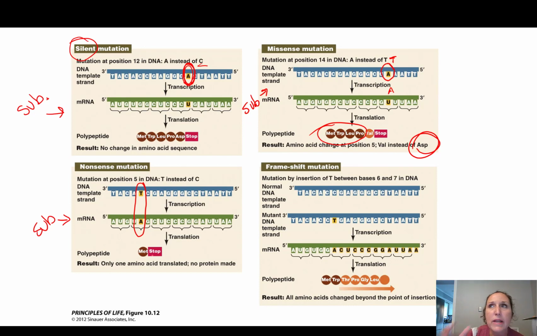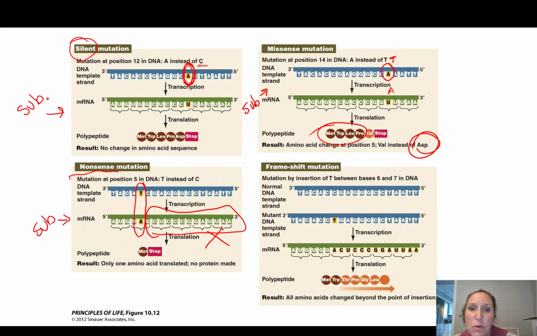Once that tRNA hits a stop codon, it's going to stop creating an amino acid chain. It doesn't matter what comes after it. Okay. So when we created the stop codon right here, we're missing out on all of these. They don't get translated. All right. And so that's a big, huge problem. So that's a nonsense mutation.